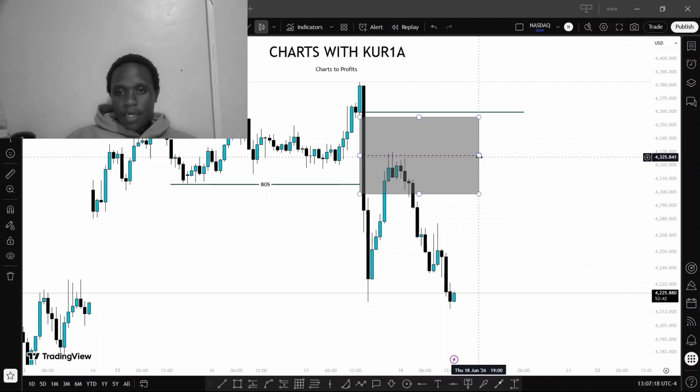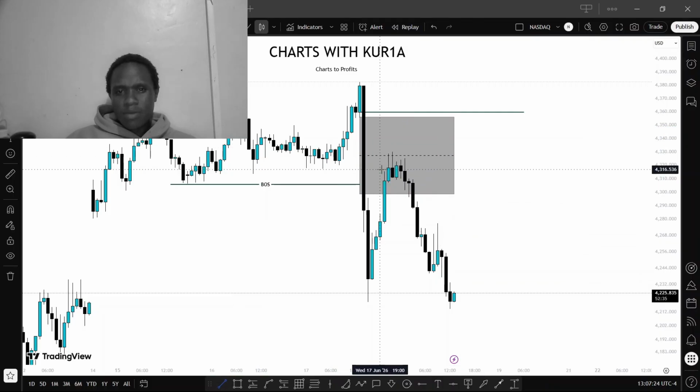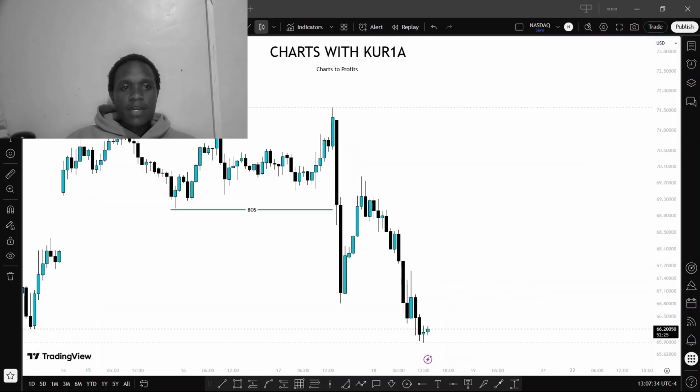Remember in the video I did on Tuesday or Wednesday, I talked about SMT. You'll notice that this is the 9 p.m. high and this is the 10 p.m. high. So on gold we formed a higher high, while on silver we formed a lower high.